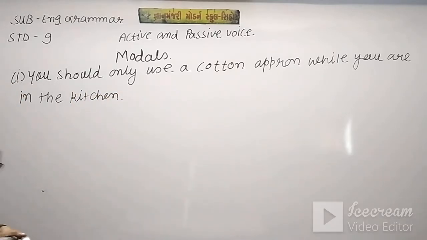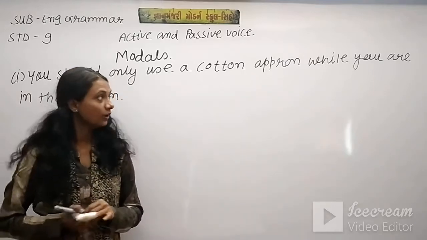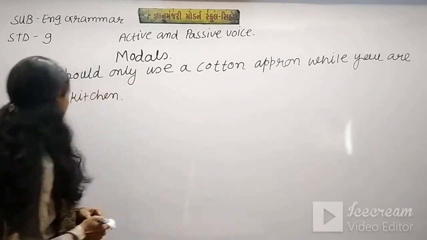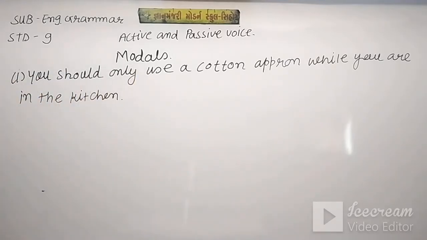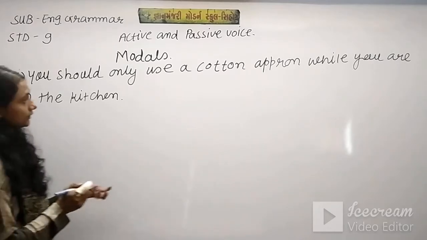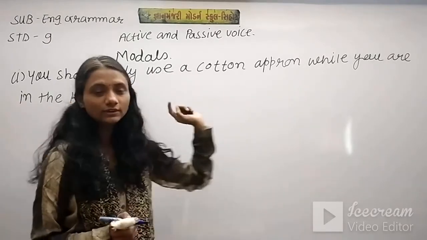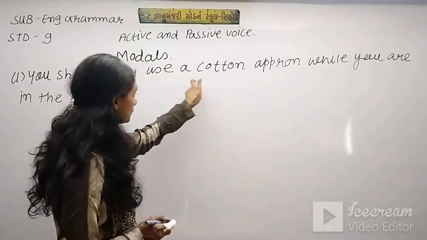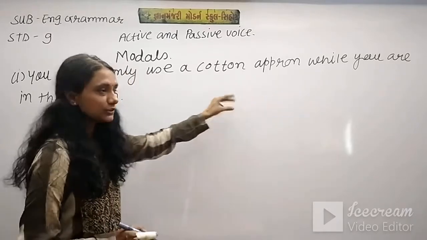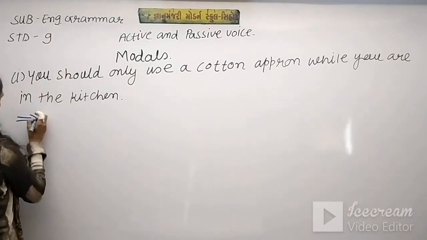See, you should only use a cotton apron while you are in the kitchen. We'll turn this sentence. So, here we have a long one. So, while you are in the kitchen, that will not be changed. So, our object is a cotton apron. So, that will come first.